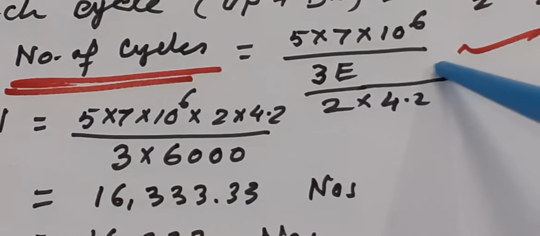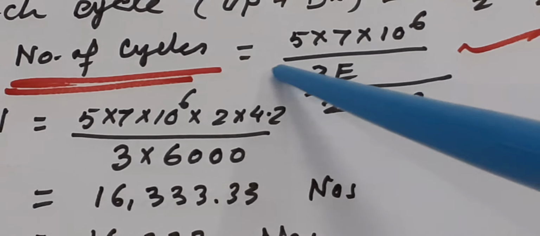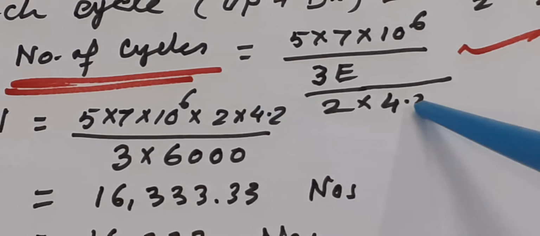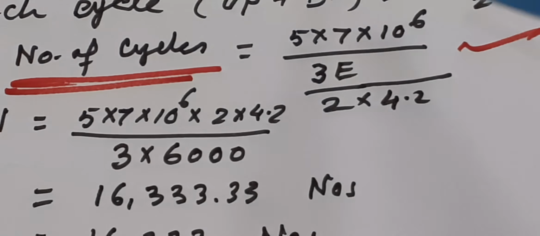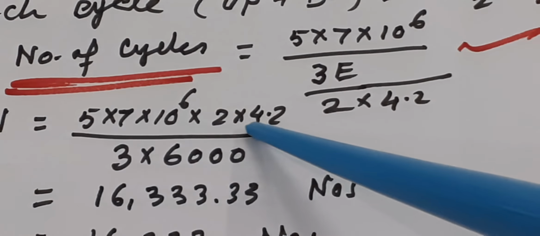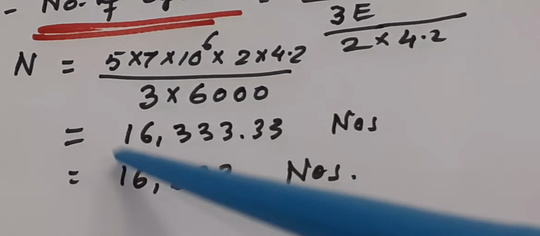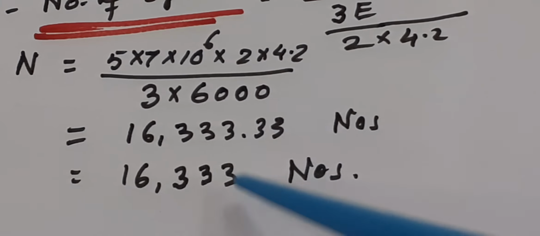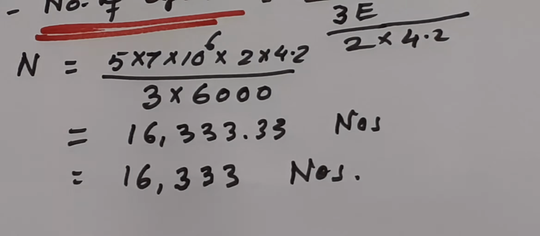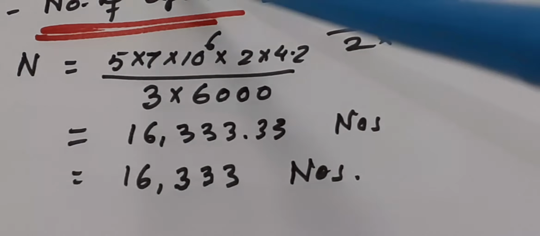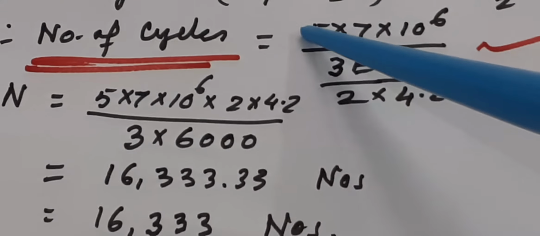Doing this simple calculation, it gives us 16,333 cycles needed to reduce 5 kg of mass. That is the point, a simple problem.